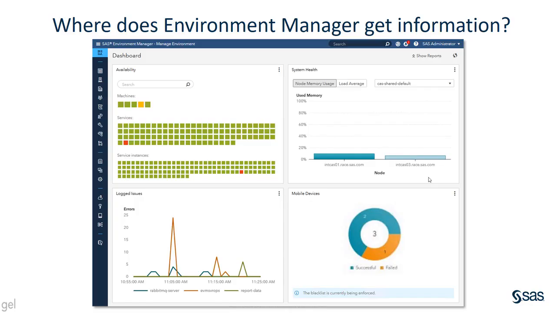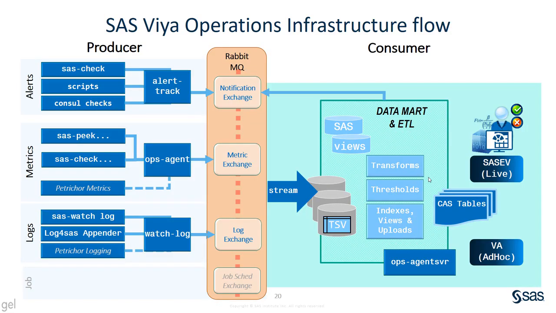So if we look at the dashboard, obviously this information has to be coming from somewhere, right? Lots of moving parts, lots of services running in the background, lots of data flowing back and forth. There is a really exciting platform for administrators called the Operations Infrastructure that is creating all of this data, capturing the metrics, capturing events from auditing type events, and cleaning it up and putting it in CAS so I can report on it.